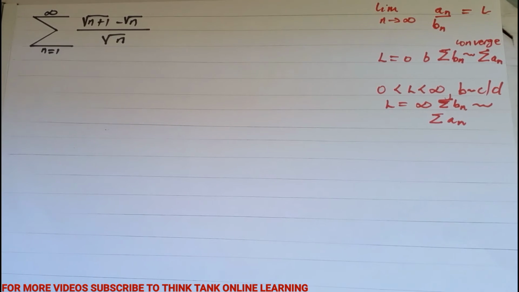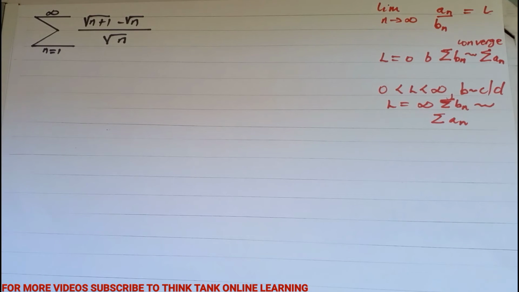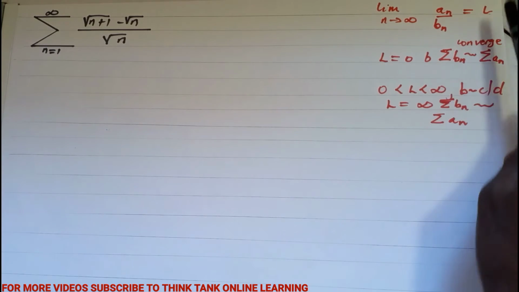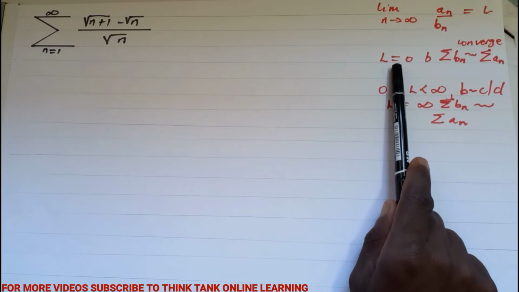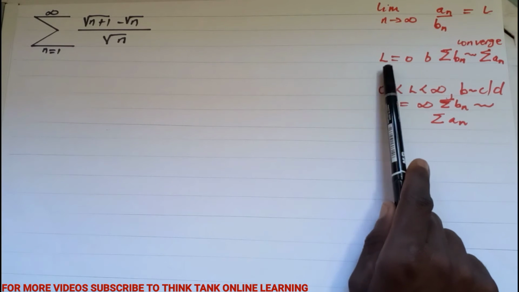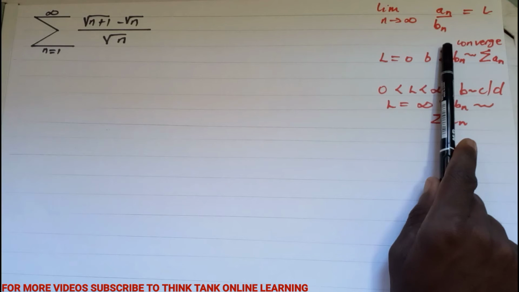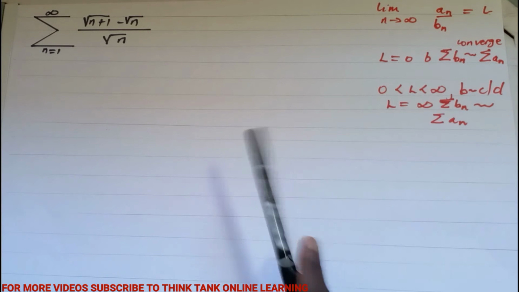If we get L, which is the limit, to be 0, that means both series converge or both series diverge.